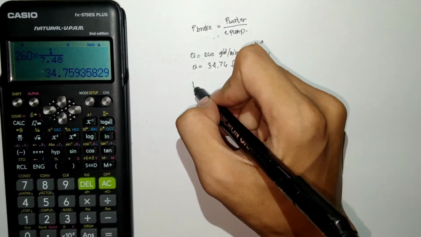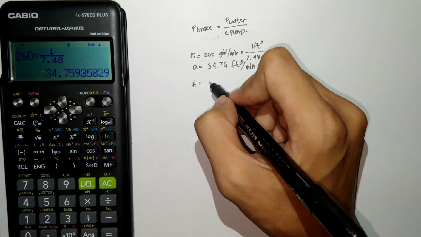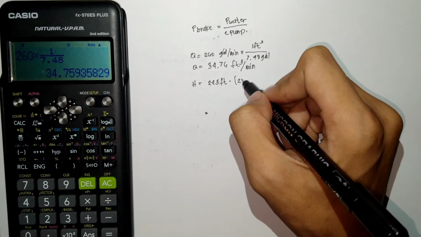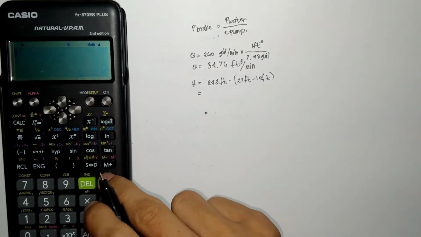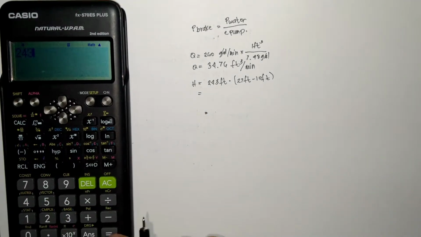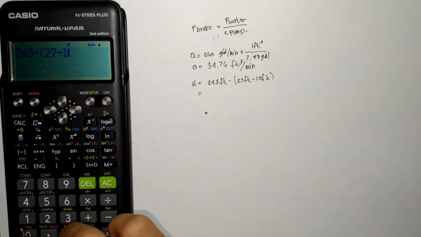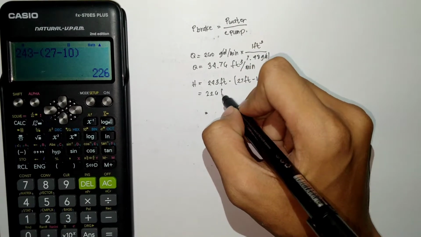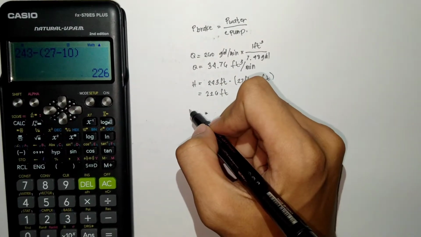So the total head, or H, is equal to 243 feet minus 27 feet minus 10 feet, which is equal to 226 feet. So we can solve now the water power.